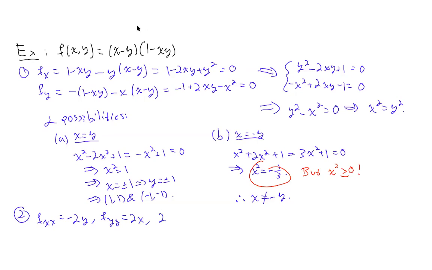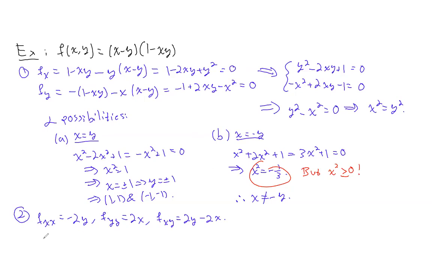I'm sorry. fxy, you differentiate fx with respect to y, and you're going to get 2y minus 2x, which is the same thing that you get if you differentiate fy with respect to x.